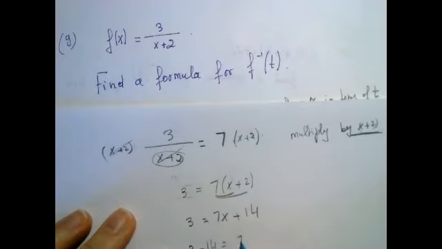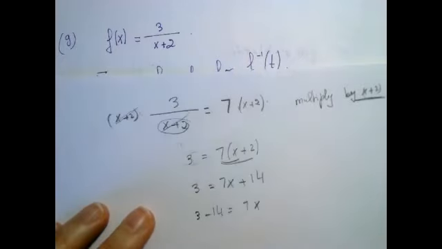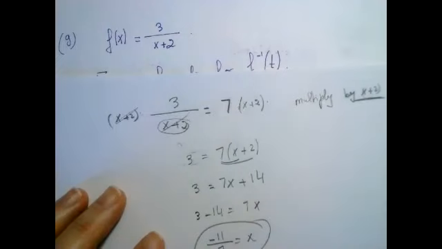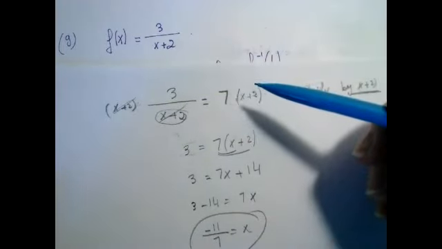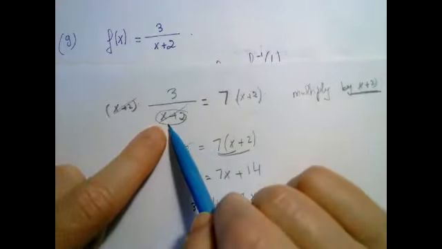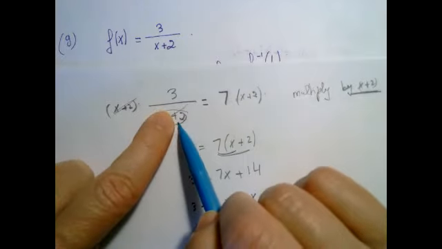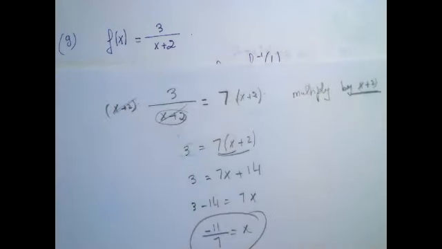So I'm doing a side problem so that when I move to t, I will have minus 11 over 7, and this will be my x. Instead of t, I had 7. So I removed t just so I can work with numbers. If I want to get rid of the x plus 2, which is the denominator, I multiply by x plus 2 on both sides. This will help me out.